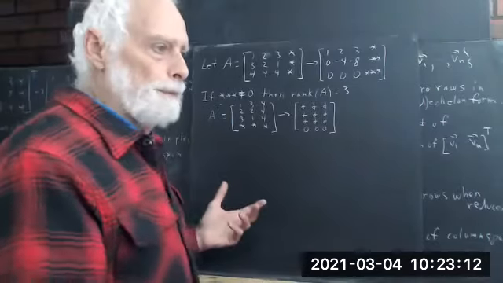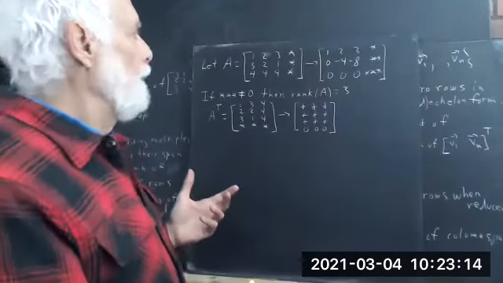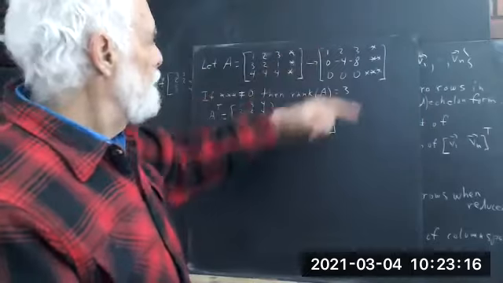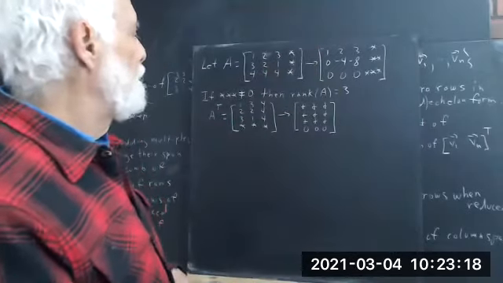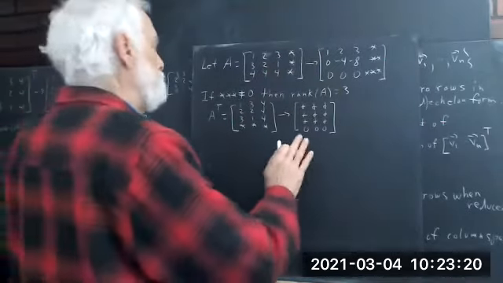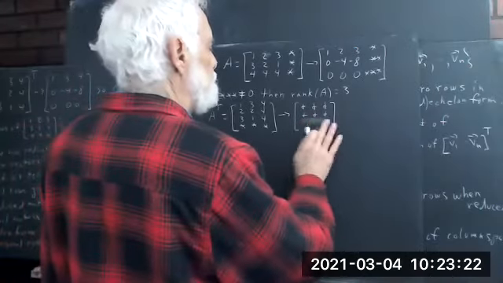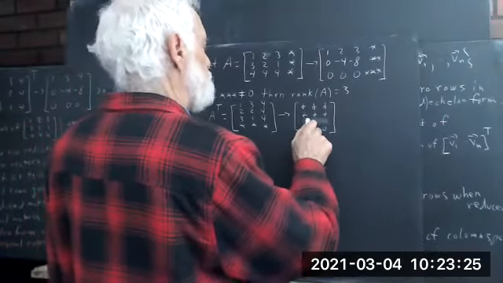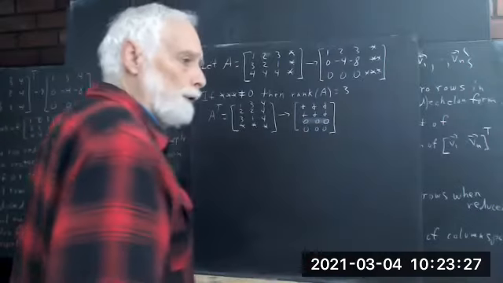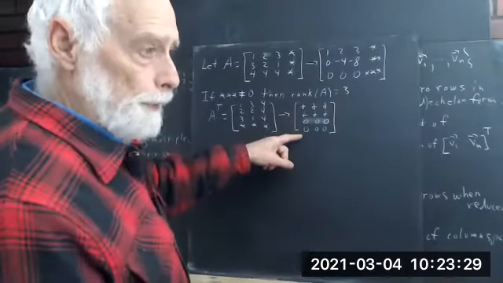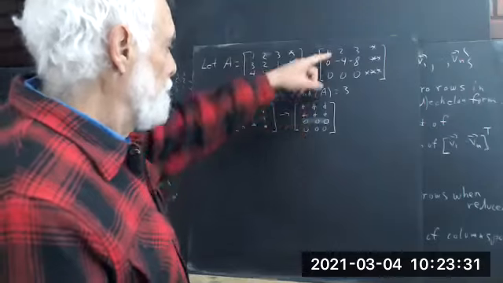I'm just going to assert that, and actually, what I just said isn't correct. We're going to have two rows of zeros here. Now I'm just going to assert this.